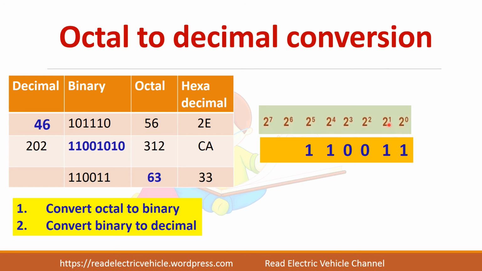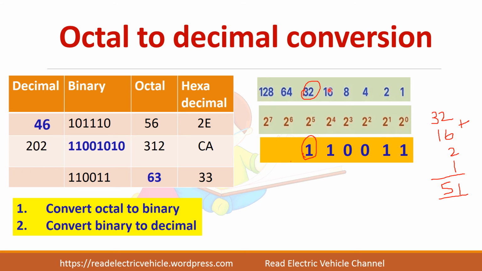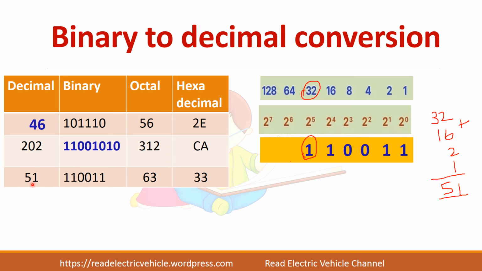So 2 power 0, 1, 2, 3, 4, 5, because only 5 bits are here. Now find the equivalent decimal value. 32 plus 16 plus 2 plus 1. These 2 bits are 0. So add it, you are getting 51. So the equivalent decimal value is 51.